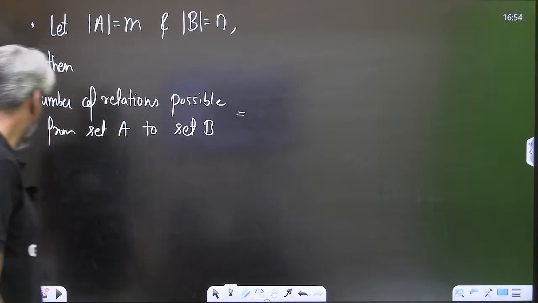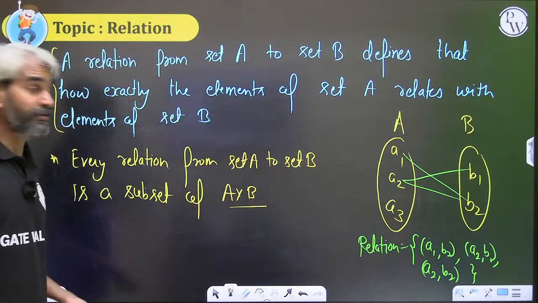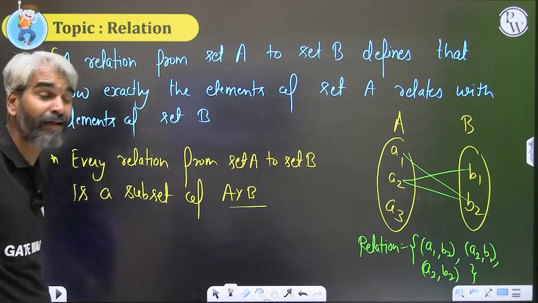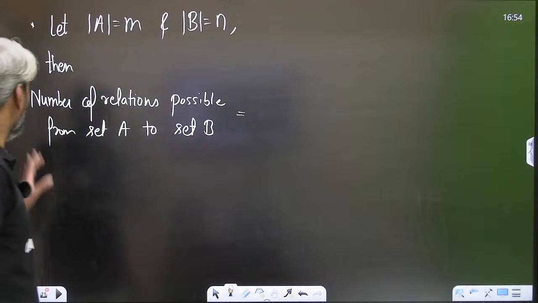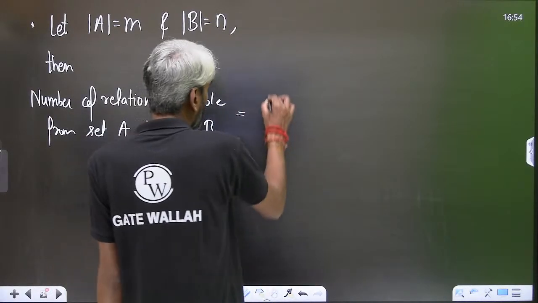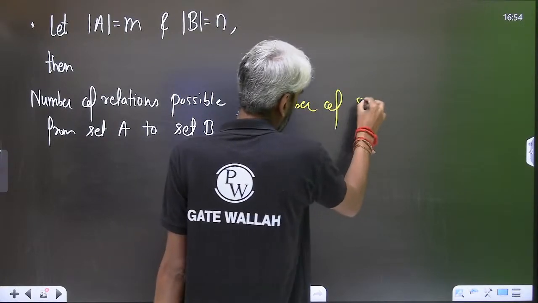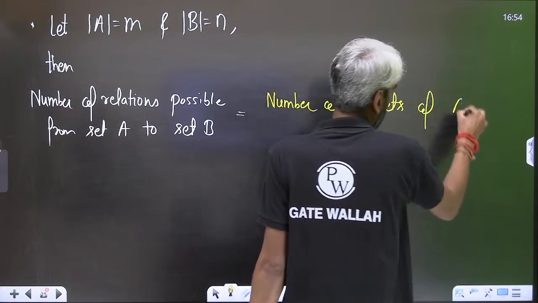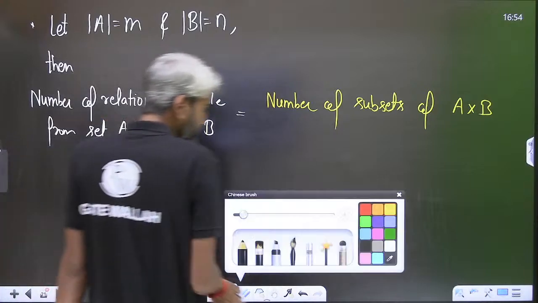I just give you an intuition that every subset of A cross B will be a relation. So how many distinct relations are possible? The number of distinct relations will be the same as the number of distinct subsets of A cross B. Now please tell me, what is the number of subsets of A cross B?